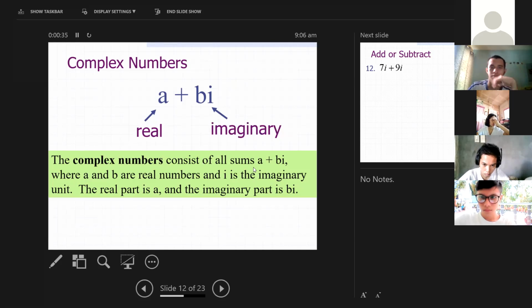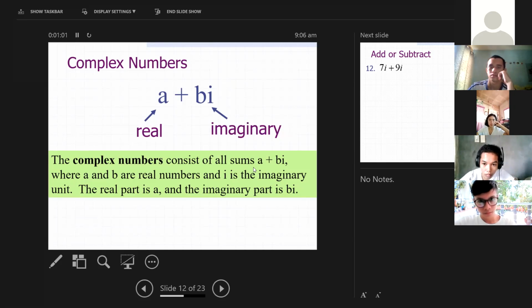If your answer contains only the imaginary number, then your answer is a pure imaginary number. If you don't have the imaginary number in your answer, then the answer is a pure real number. Say we multiply a complex number by its conjugate. All the answers there are real numbers, pure real numbers.